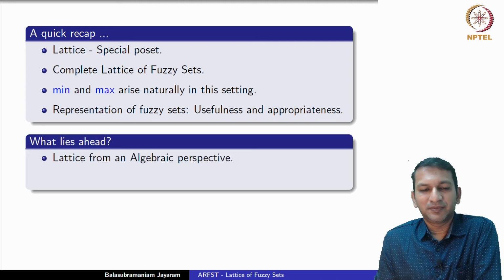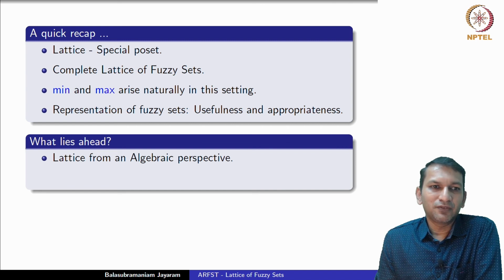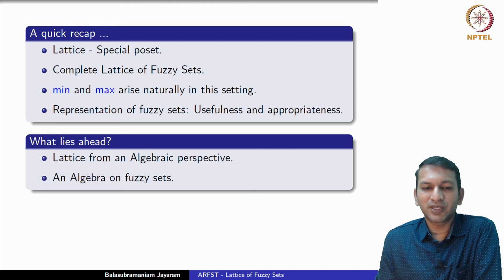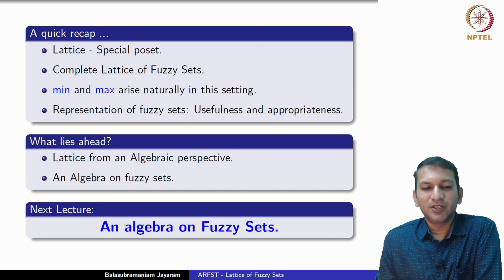What lies ahead? We have seen lattices from an order theoretic perspective. In the next lecture, we will see lattices from an algebraic perspective, and it is through that we will come up with an algebra on the set of fuzzy sets itself.